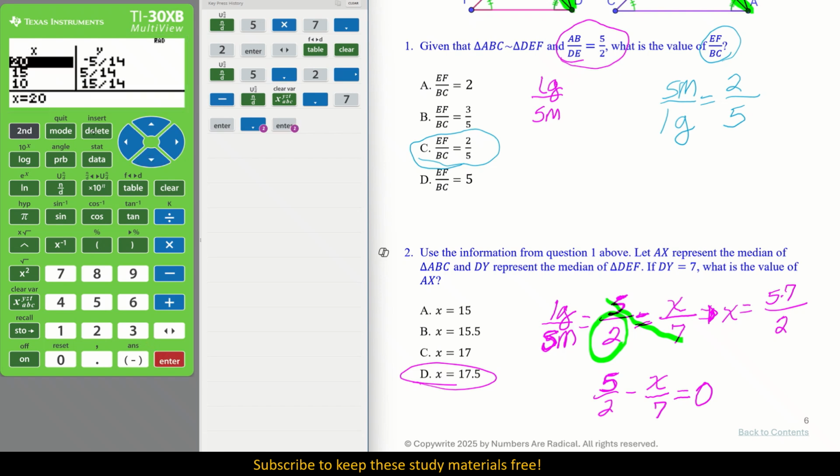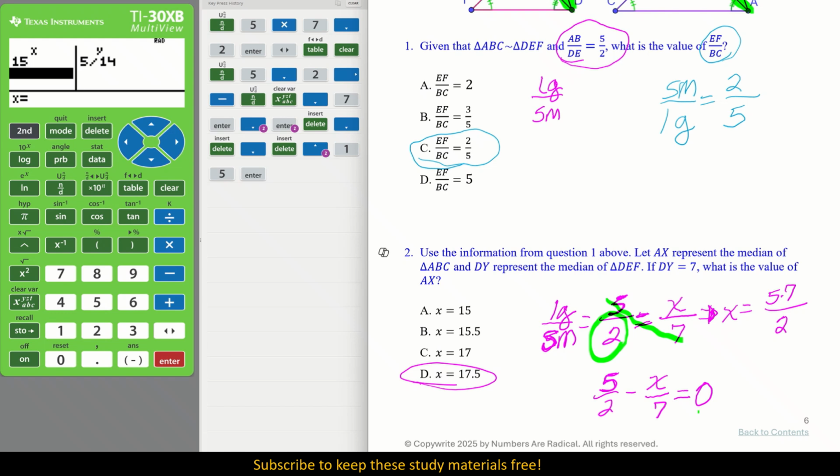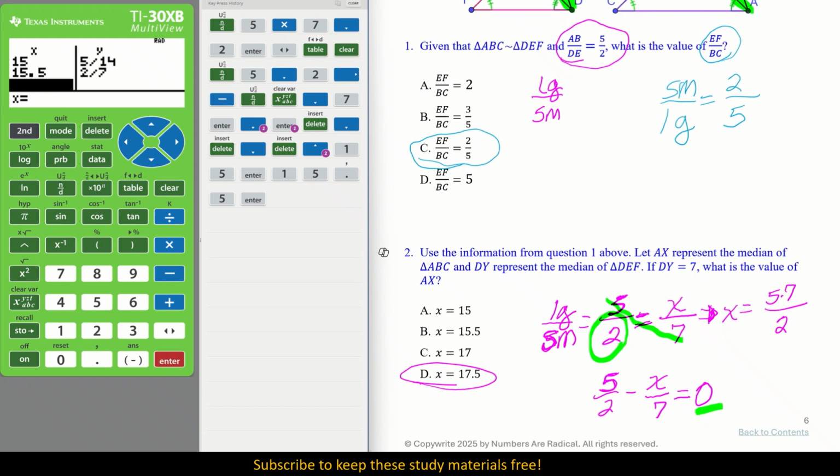Now, this is old info, so you want to get rid of that. Go up. Remember, you only have 3 lines to work with, but it will type over for you. So 15, enter. Obviously, not 0. Remember, for my y value, it needs to be 0. 15.5, enter. No, that's not 0. Okay, so let's just do 17. Not 0.